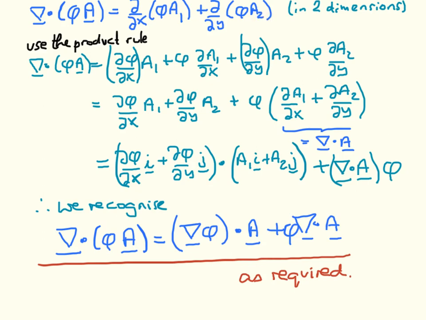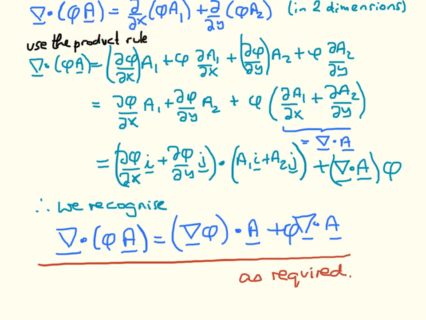And then the second term in the divergence is the derivative with respect to y of the component of this vector field phi times A in the y direction, and that's going to be phi times a2 in this notation that I'm using for A.